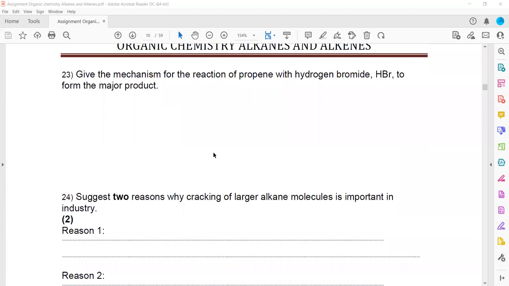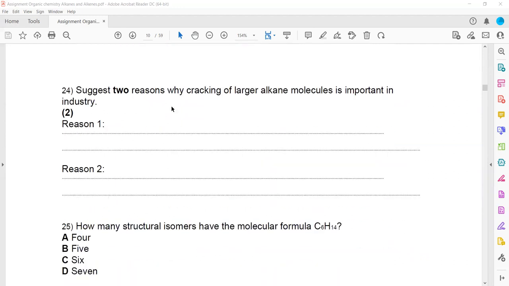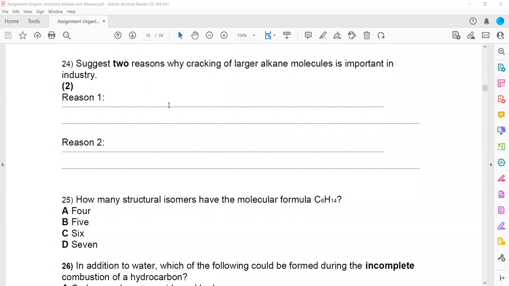In question 23, give the mechanism for the reaction of propene with hydrogen bromide to form the major product. The major product will be 2-bromopropane, which we did in the previous one. So it's a similar thing. Next, suggest 2 reasons why cracking of a large alkane molecule is important in industry. Why must cracking be done?